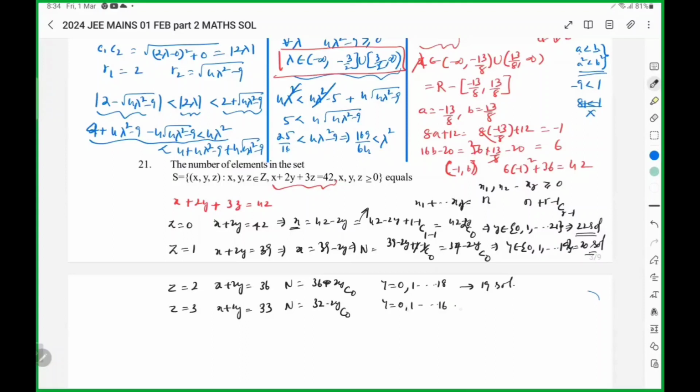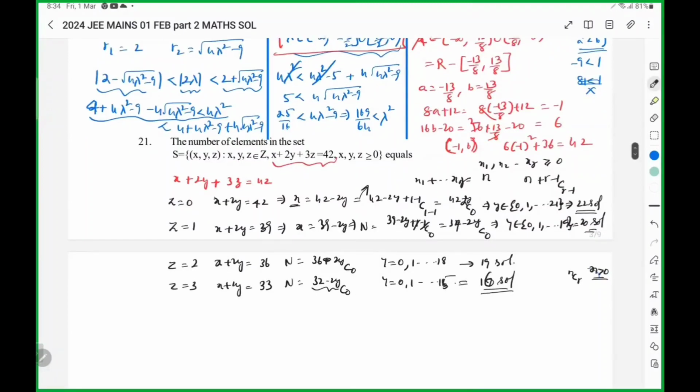Here you have 17 solutions. Here it must be nCr, n must be greater than 0. So why can't I take 16, 15, 16 solutions.